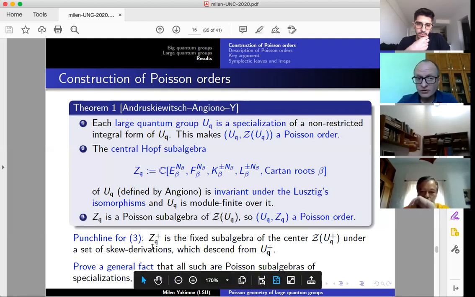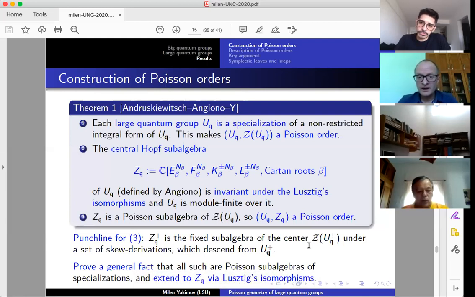What we do is the following. If we look at ZQ plus, that's the portion of the center inside UQ, we prove that it's precisely the fixed subalgebra of the full center under a set of skew derivations which descend from the quantum group with the extra parameter.